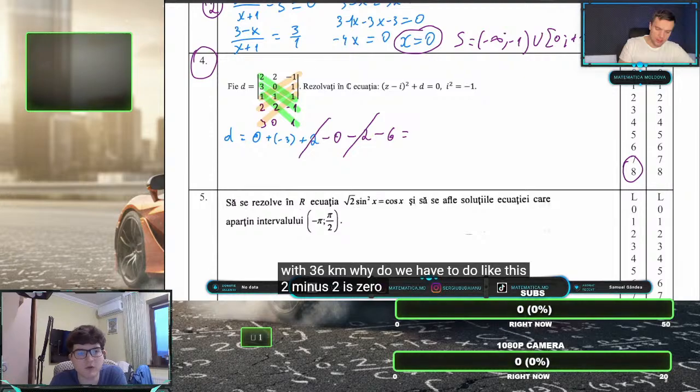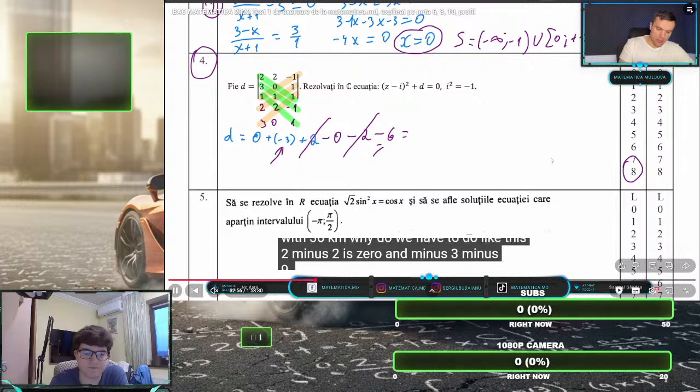Now why is the second one minus 2? 3 times 1 times minus 1, isn't that supposed to be minus 3? Why minus 6 over there? Am I missing something? Oh, it's on the flip side. Yeah, now I get it.